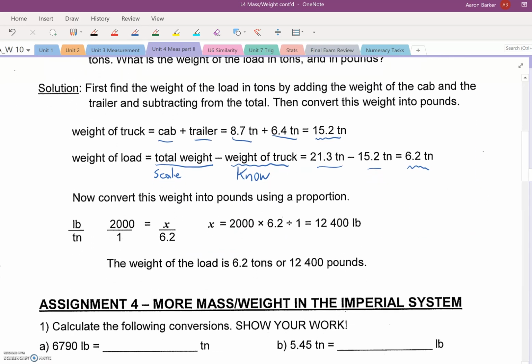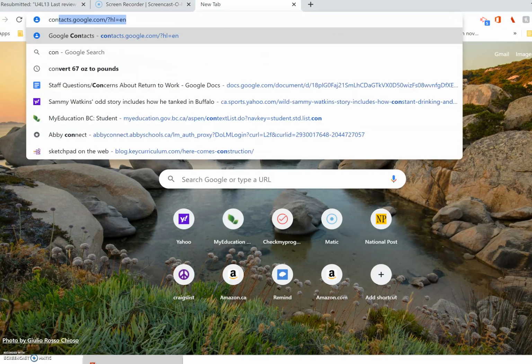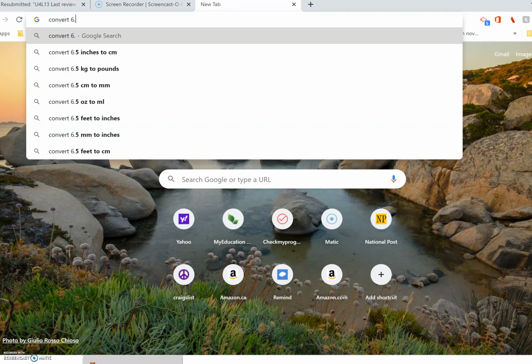But sometimes you have to convert that to pounds. To convert to pounds, you can use your scale factor of 1 to 2,000, or what's the easiest thing to do? Google. So what would you type into Google? Well, it's real simple. You would open up Google and simply type: convert 6.2 TN.